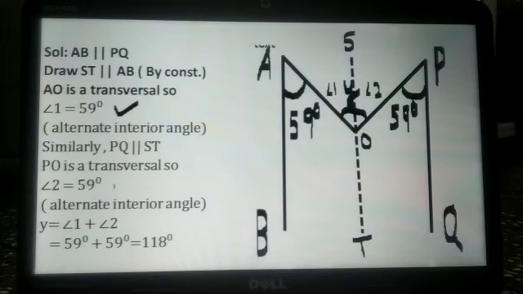So angle 2 is equal to 59 degrees because this is also an alternate interior angle. Now angle Y is equal to angle 1 plus angle 2. Put the value of angle 1 and angle 2. So it is 59 degrees plus 59 degrees, which is equal to 118 degrees.